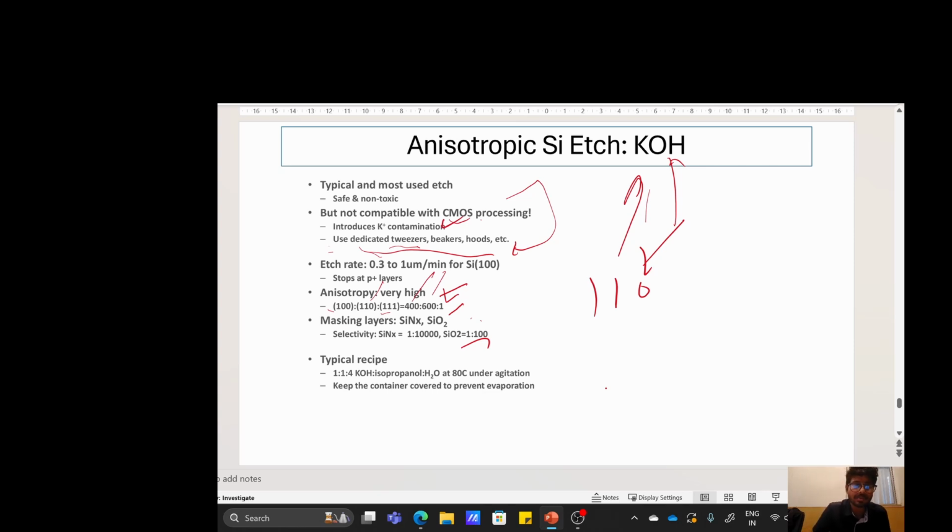So you can use silicon nitride as the masking layer, and SiO2 also. SiO2 and silicon nitride can be used as a masking layer for silicon. Silicon nitride is much better than silicon dioxide, but silicon dioxide is very easy to deposit. Also silicon nitride if you are doing PECVD.